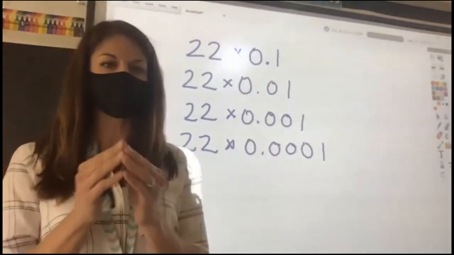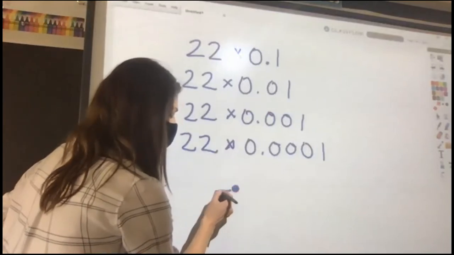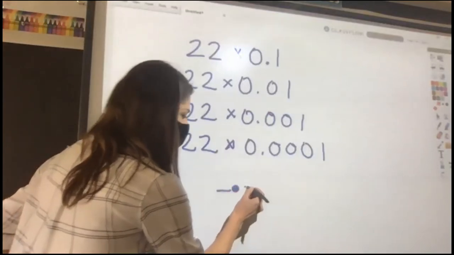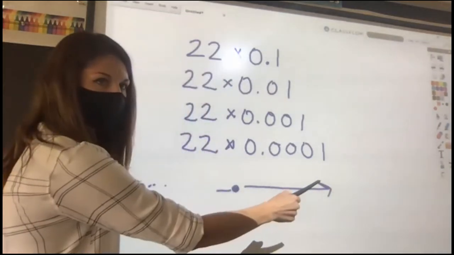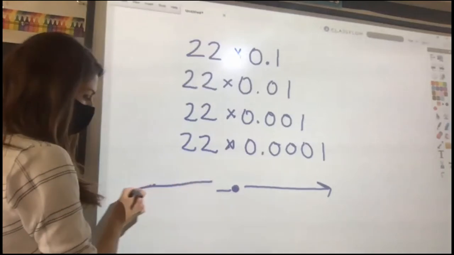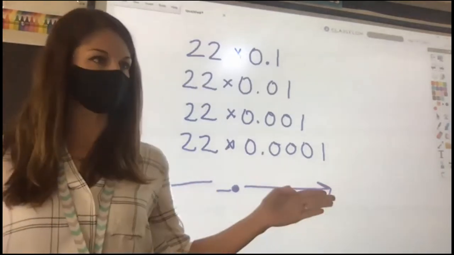So if you look at your place value chart, if this is the decimal point and the ones place, we're talking mostly about the decimal zone that goes infinitely that way. The positive whole number zone goes infinitely that way, and they're like mirror images of each other.